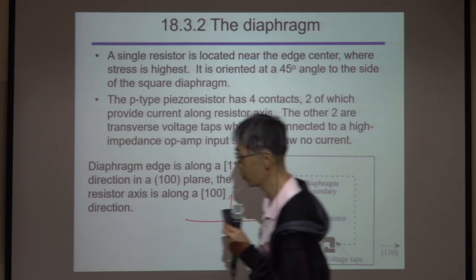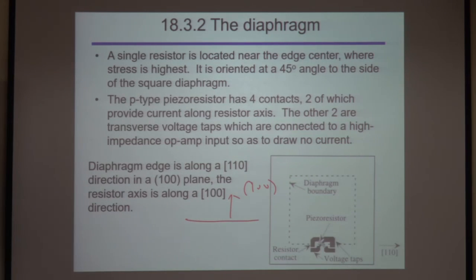Because, remember, when we had the anisotropic etch, this is the 111 surface, so this is the 111 direction.